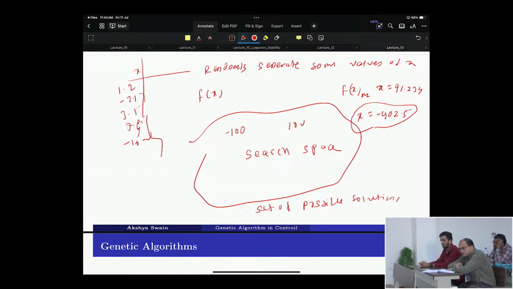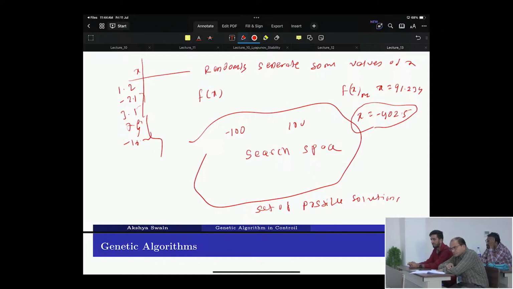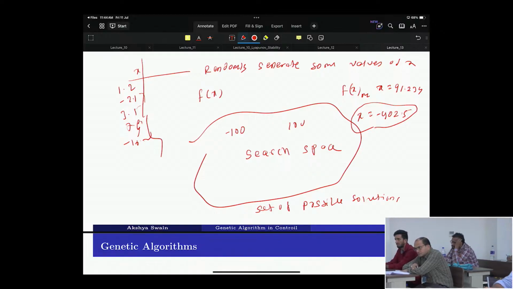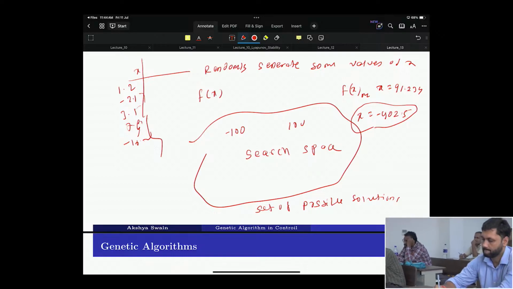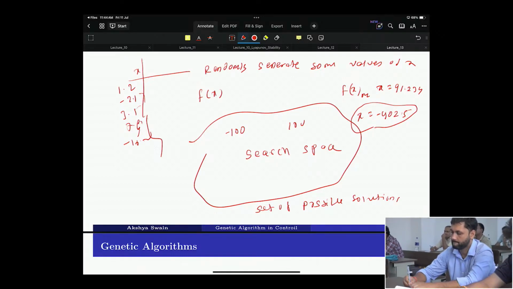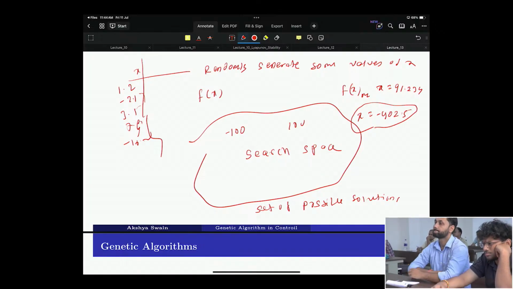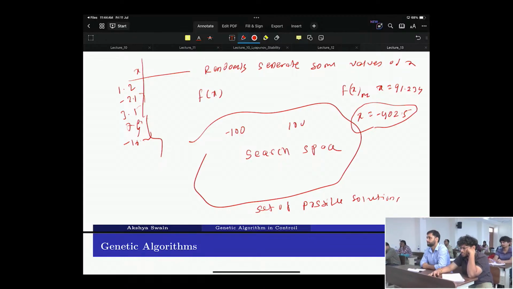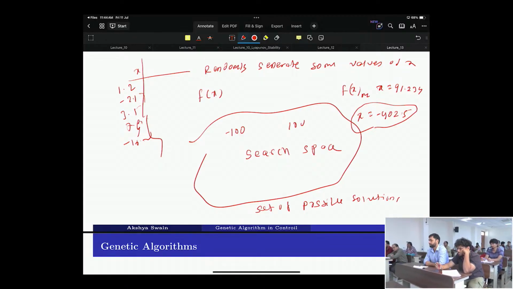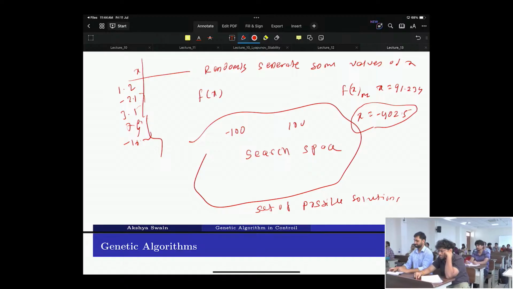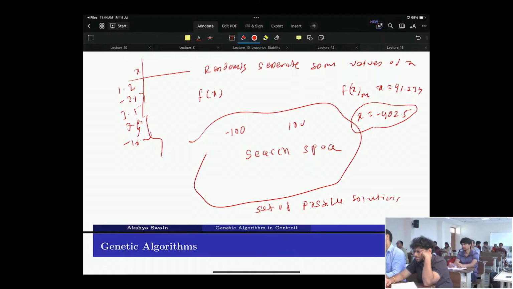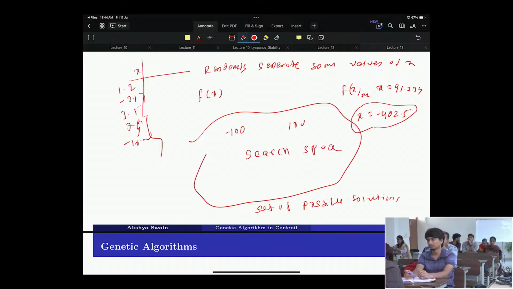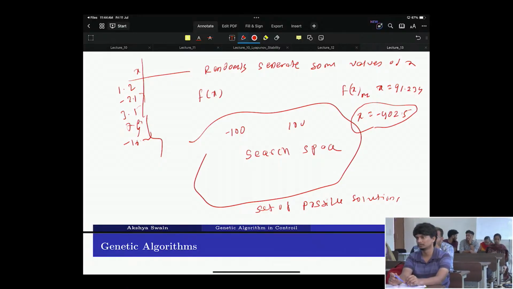And for each possible solution, you compute the objective function f of x, that is the function, okay? This set of possible solutions in genetic algorithm has got a name. You generate a population of chromosomes. Each chromosome is one of the possible solutions. Minus 2.2, minus 3.4, okay? Chromosomes are a set of possible solutions.